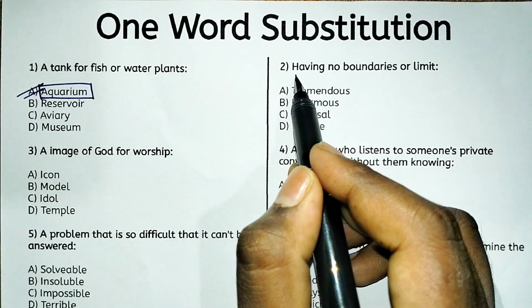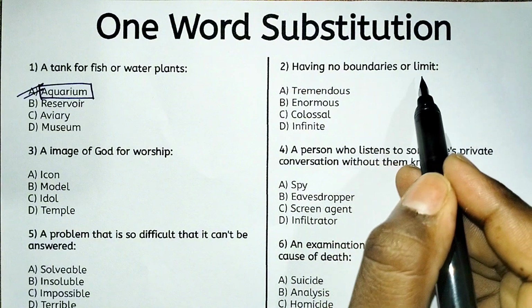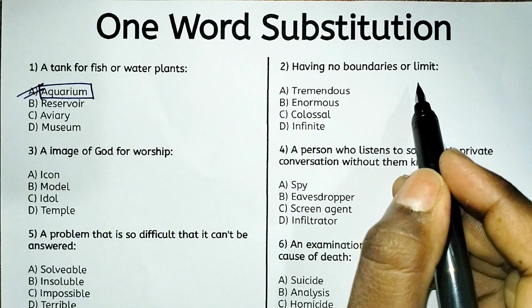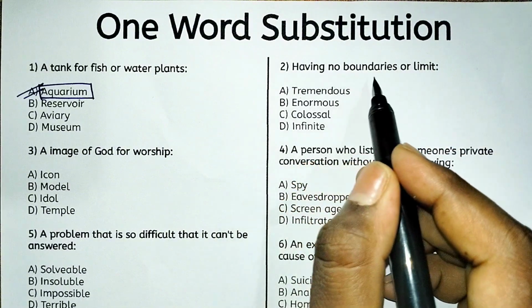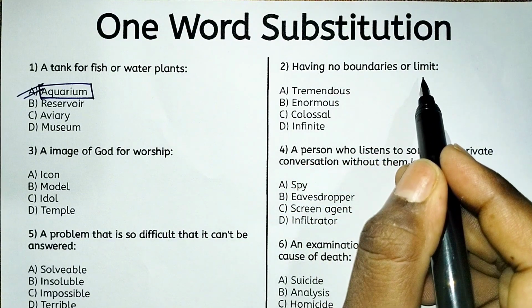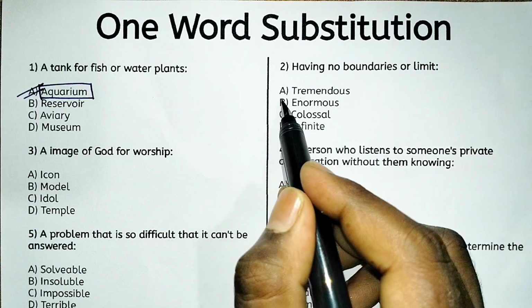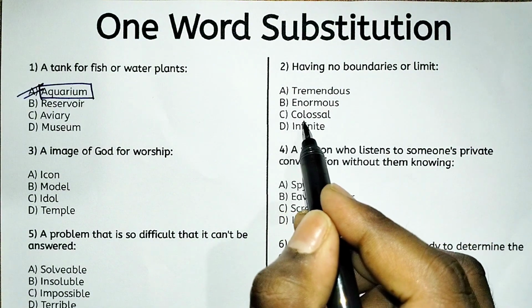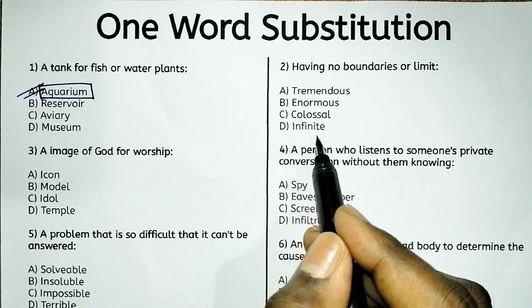Next, having no boundaries or limit. What is the right one word substitution? Option A, tremendous, option B, enormous, option C, colossal, or option D, infinite.